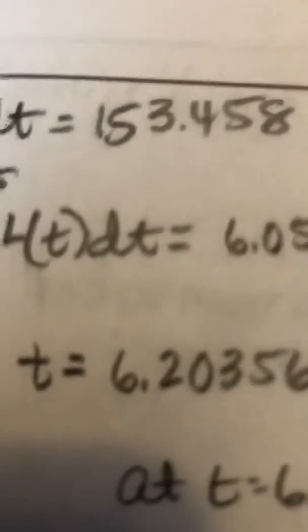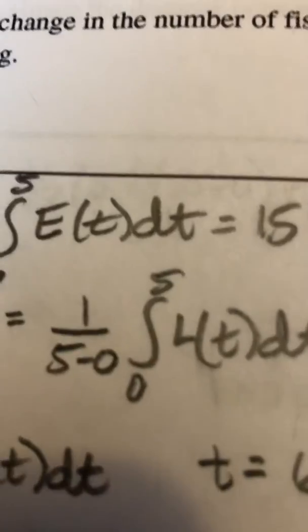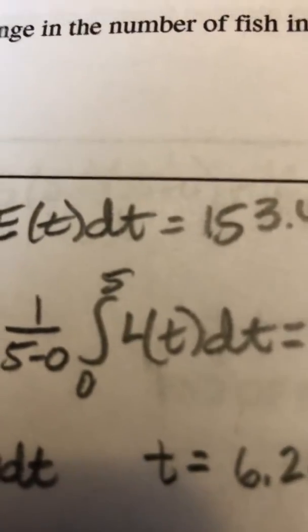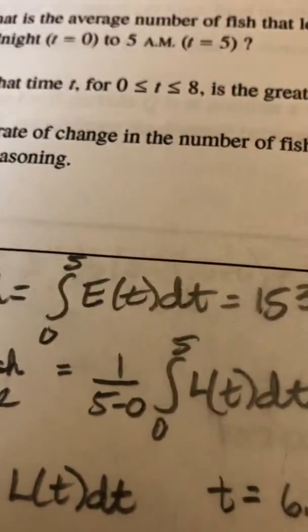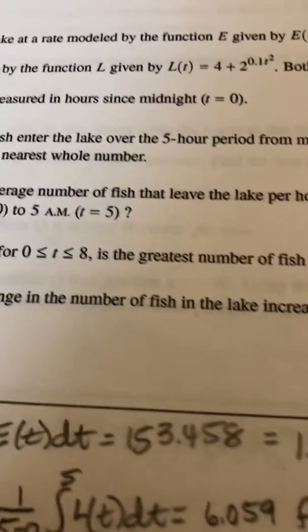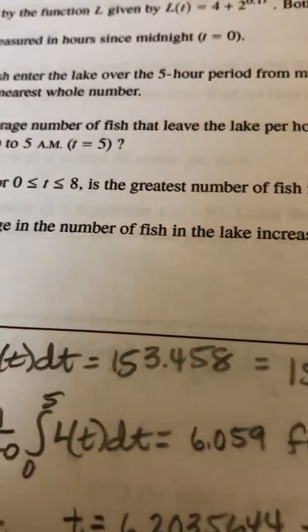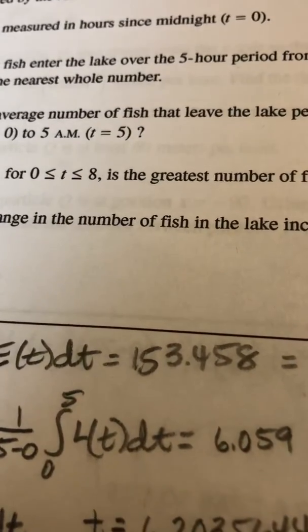So there's part A. Part B, average number of fish. That's the average value. The average number of fish that leave the lake per hour is the average value of L of t, because L of t gives us the number of fish that leave the lake per hour.